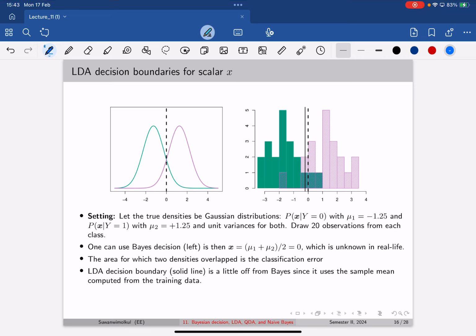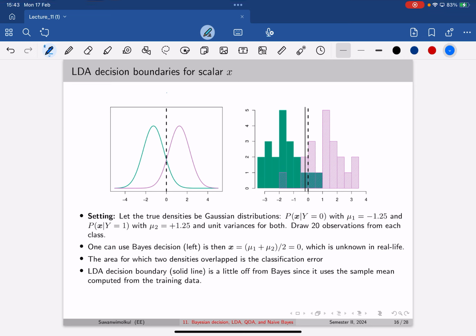Probably this is an example of when you apply LDA onto a one-dimensional data set where you have only one x. The decision boundary will be the boundary where you have the separation between two classes.